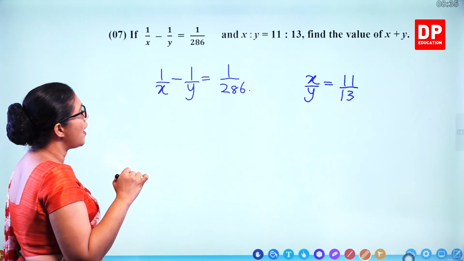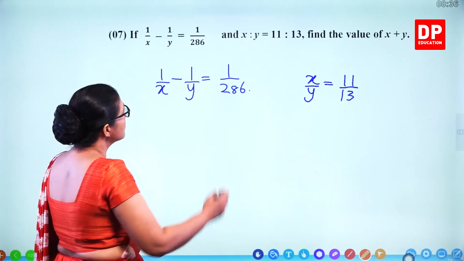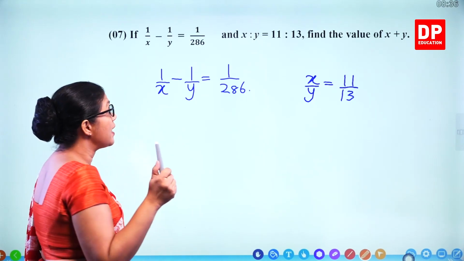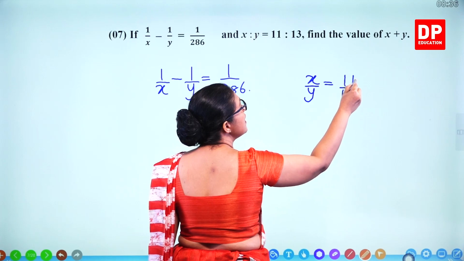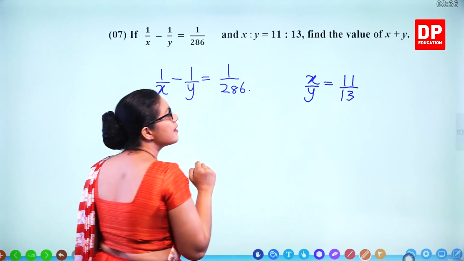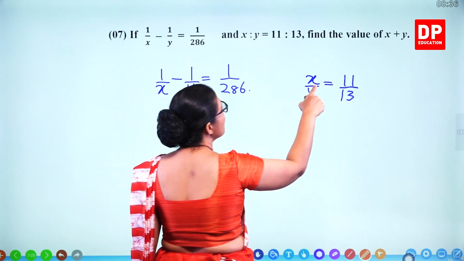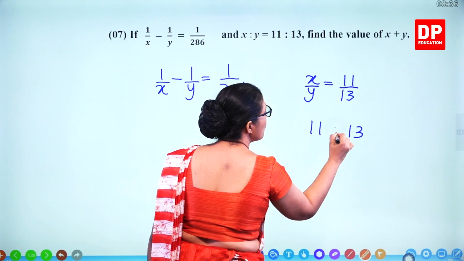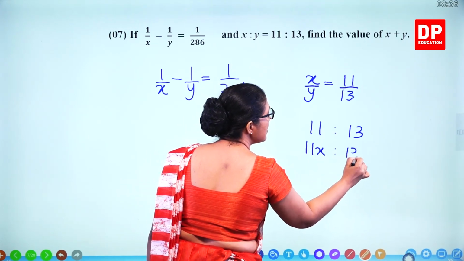So we need to find out the value of x plus y. So this is a ratio. So instead of this, we can put 11x and 13x. Instead of this one, 11 to 13 is the ratio. We can put actual values 11x and 13x.